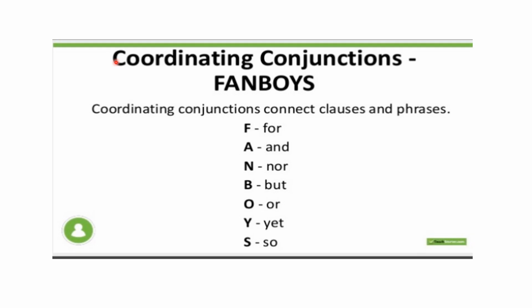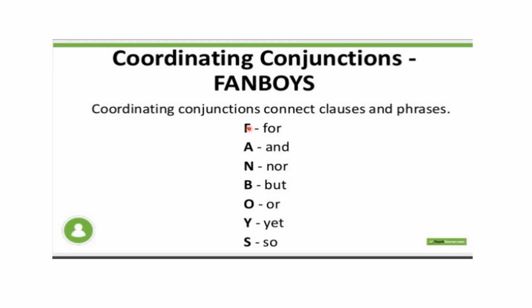The coordinating conjunctions, you remember as FANBOYS. We know that coordinating conjunctions connect clauses and phrases, and two independent clauses joined by a coordinating conjunction make a compound sentence. We have the main clause plus a coordinating conjunction plus an independent clause, making it a compound sentence.